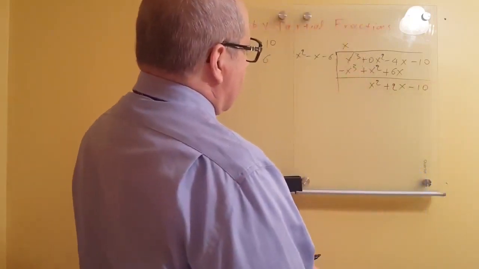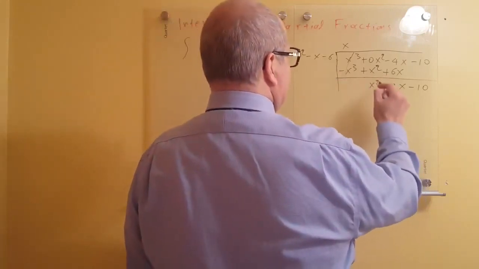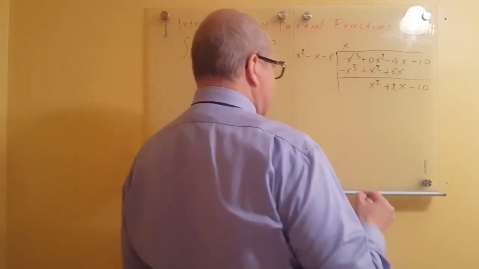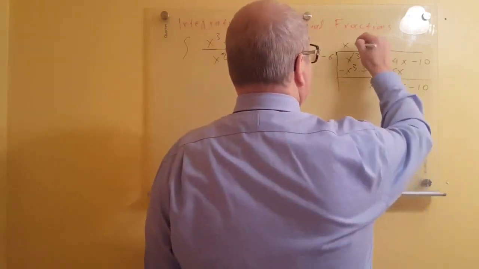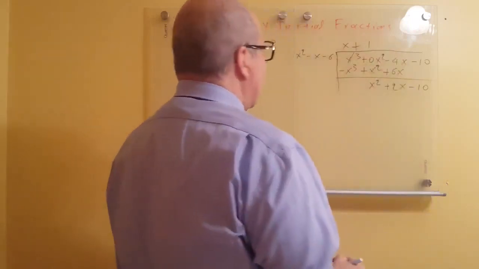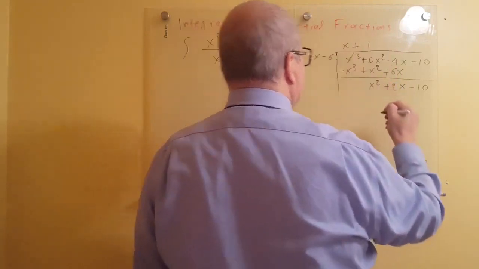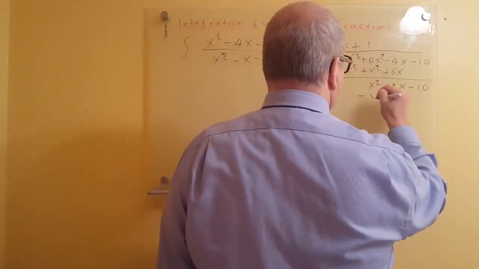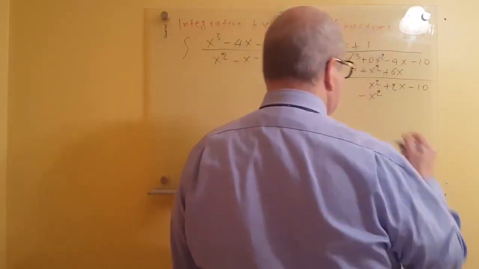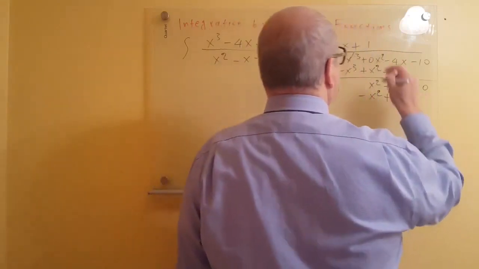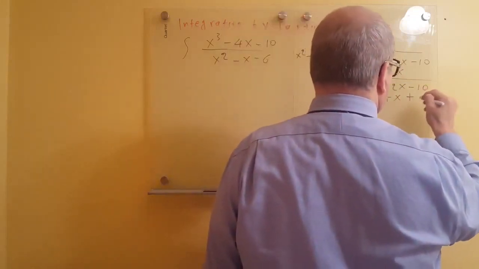So we continue the division, and now you divide the first term of this, which is x squared, with the first term of this, which is x squared, so that should give you plus 1. Now you multiply and subtract: 1 times x squared is x squared, with the minus is minus x squared; 1 times minus x is minus x, with the minus is plus x; and 1 times minus 6, with the minus is plus 6.